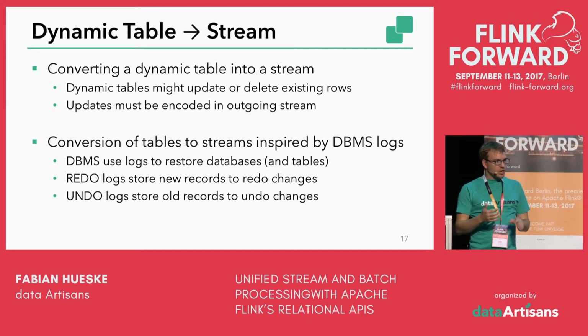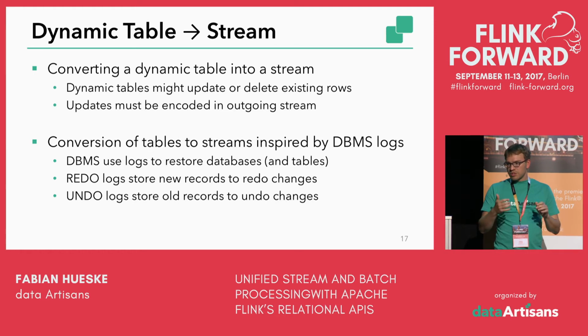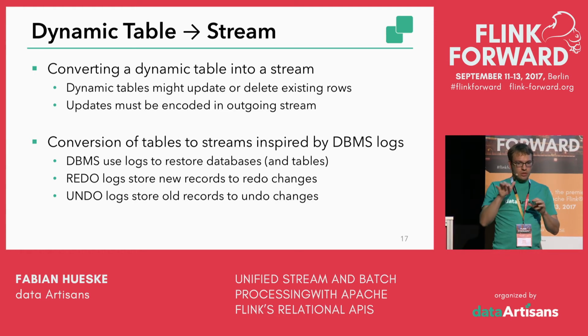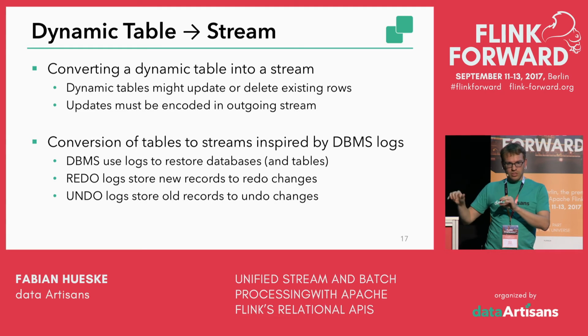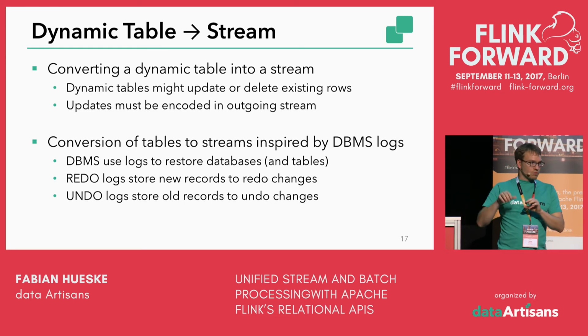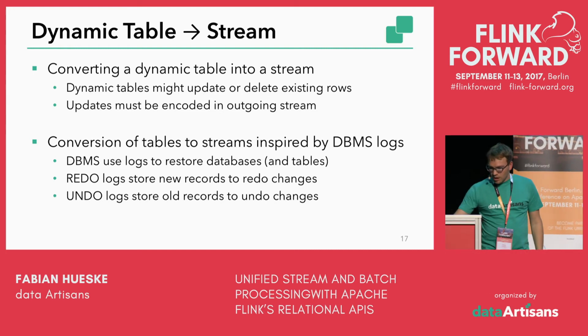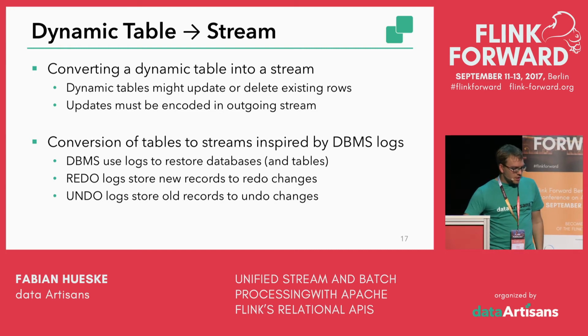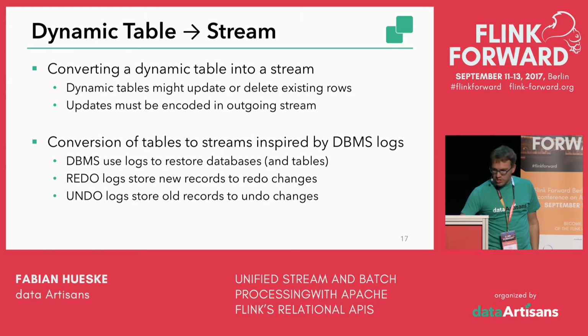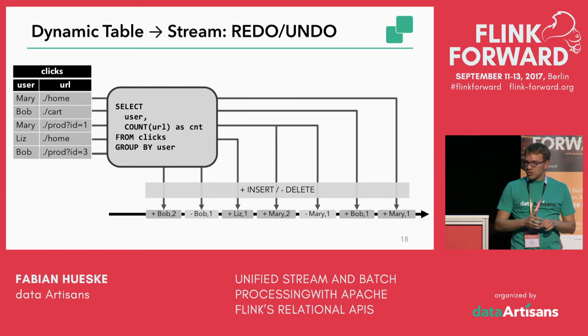And the other one is called undo mode, which means that the database system remembers the old values of the rows in order to be able to undo changes in case a transaction has to be rolled back because of a failure. And these modes are the inspiration for the modes that we implemented in Apache Flink.